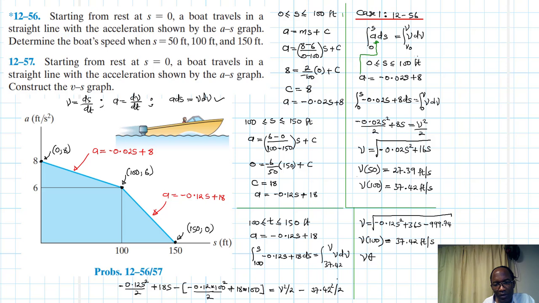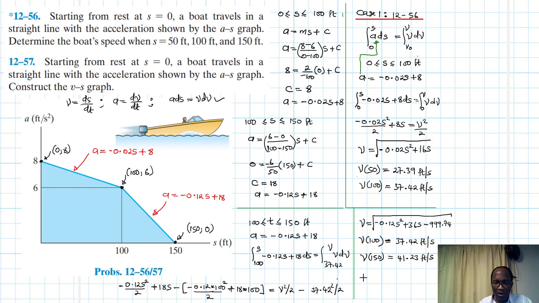Then at s equal to 150, let's fit these values into that equation: minus 0.12 by 150 squared plus 36 by 150 minus 99.74, square root of that, we have 41.23 feet per second.